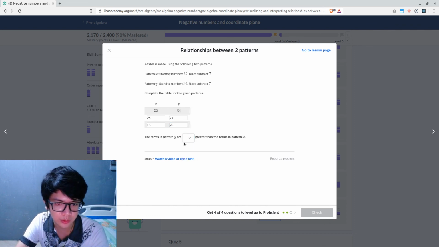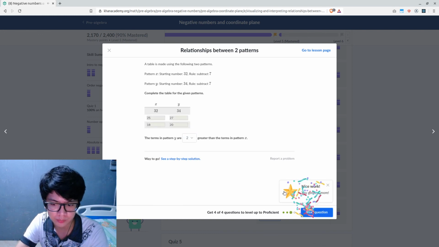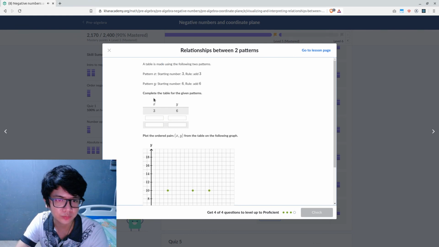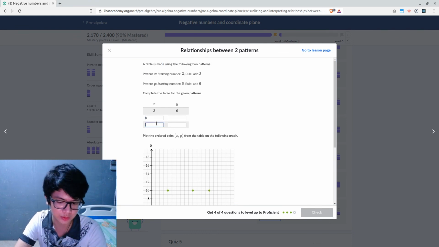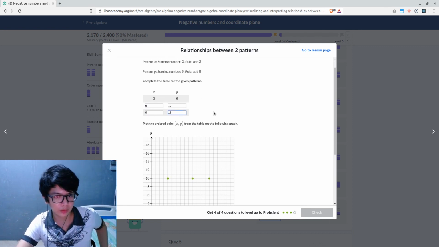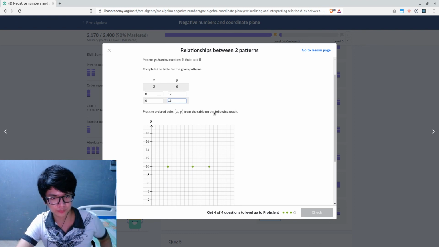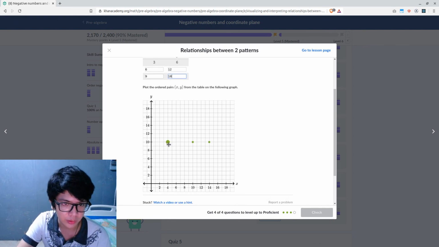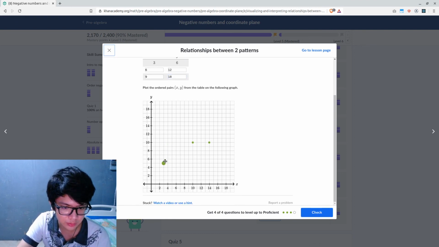The terms in pattern y are 2. Yeah. Add 3, 6, 9. Add 6, 12, 18. And then plot. Okay, so we have 3 and 6.